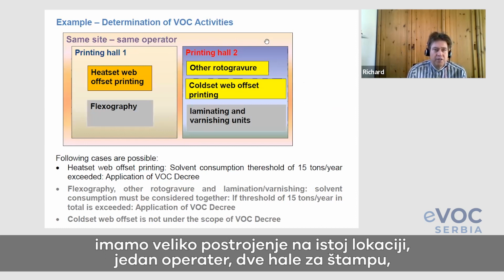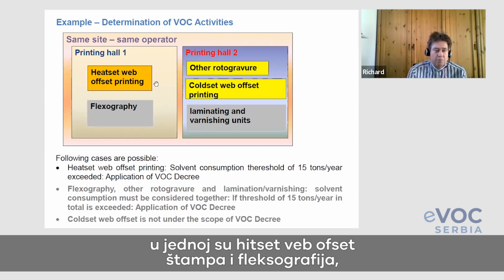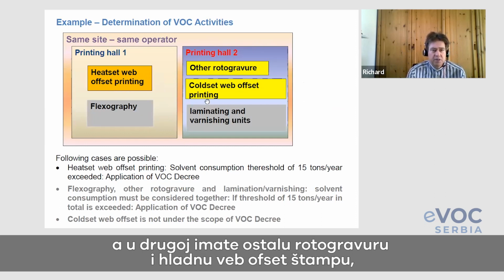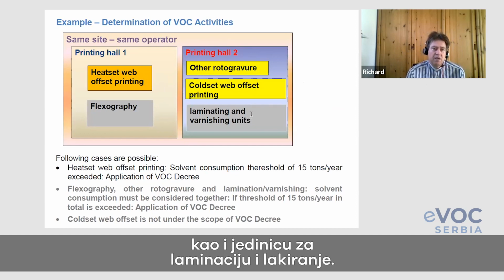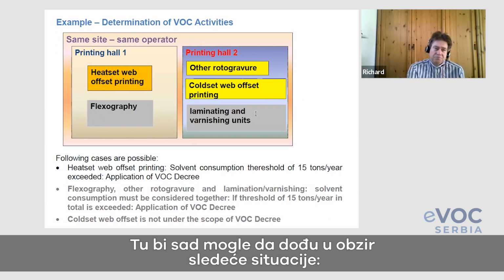You have two printing halls. In printing hall 1, you have a heatset web offset printing unit and the flexography unit. Then in printing hall 2, you have other rotogravure and cold set web offset printing and laminating and varnishing units. So there could be the following situations.